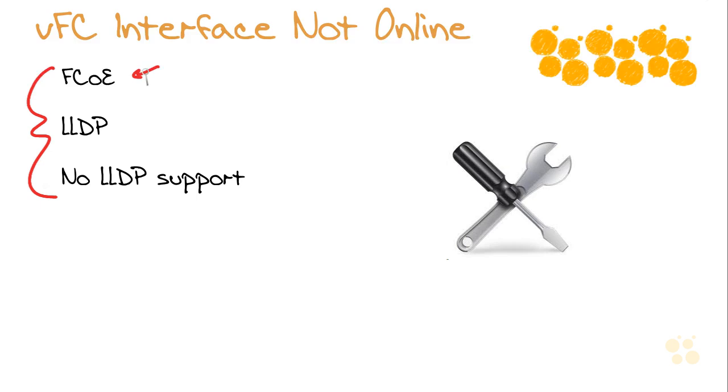You can enable LLDP transmit and receive by using the LLDP interface subcommand. If the show LLDP interface command indicates that the peer might not support LLDP, then obviously check the peer to determine whether it supports data center bridging exchange.